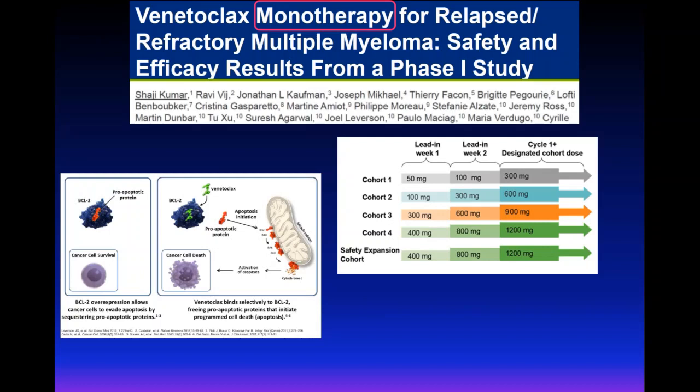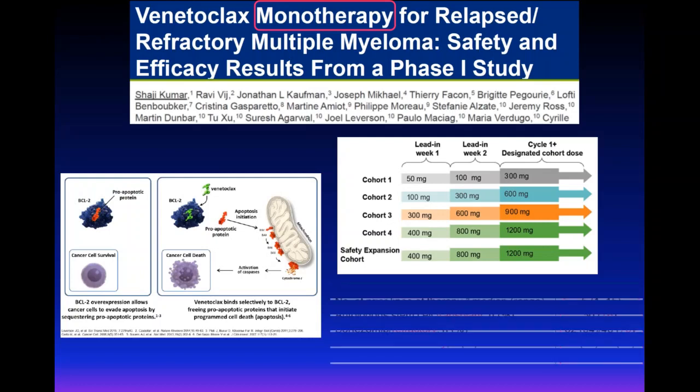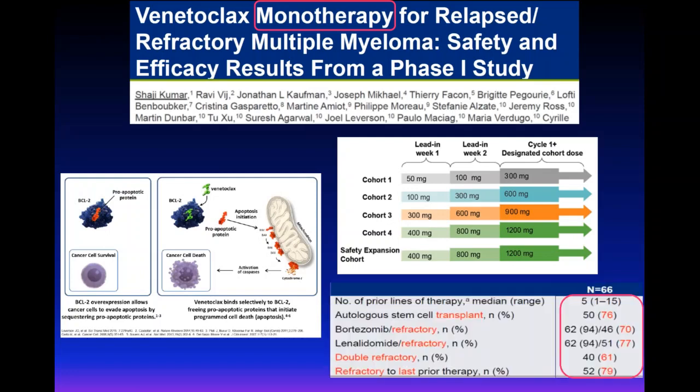The mitochondrial pathway is inhibited by the upregulation of BCL2. So that's why we use a BCL2 inhibitor, which is a BH3 mimetic, that will bind and inhibit BCL2 and lead to apoptosis of tumor cells, including myeloma cells. With that, there was a trial showing the single-agent activity of venetoclax in very refractory patients.